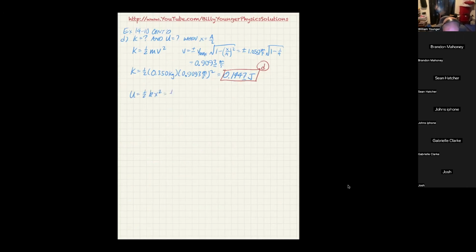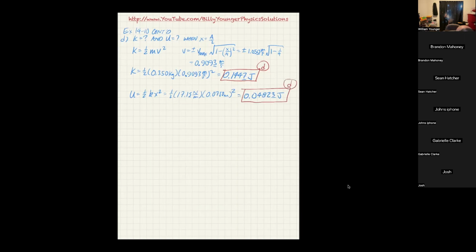So if we did that, it'd be 1/2 times 17.15 newtons per meter times, now we're going to take A over 2, which is 0.0750 meters, and we're going to square that. 0.5 times 17.15 times 0.075 squared, and that gives me 0.0482, and the extra sig fig is 3 joules, like that. So that should be the right answer for D.